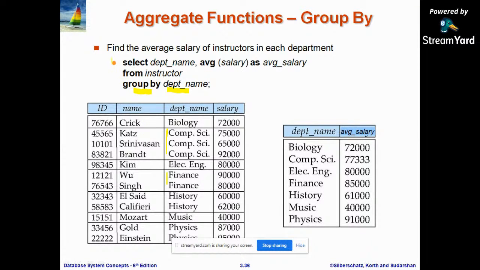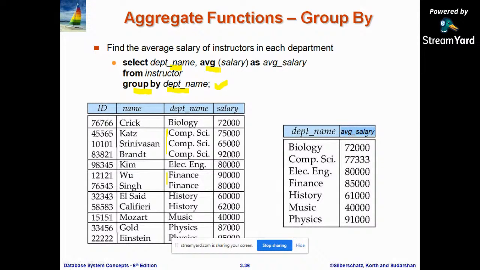If you use the group by clause, you have to note that in the select clause, you can use either the column name which is used in group by or an aggregate function. Other than this, you cannot use any other thing.